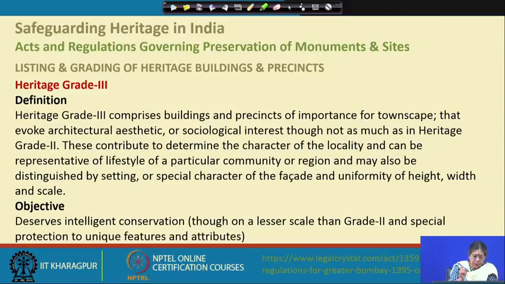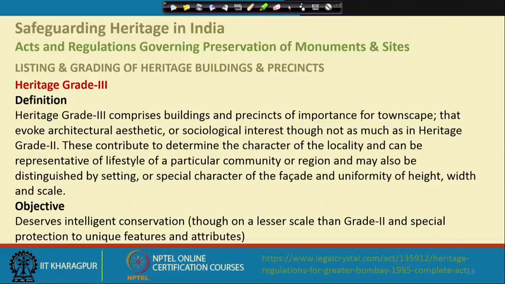That means if there are certain areas with special features, maybe a roof line, maybe color, maybe the facade treatment, maybe the setback, there may be various attributes which contribute to the spatial significance. So, that has to be preserved, and these are the cases where addition and alteration can definitely be done inside, with adaptive reuse, and these are the 3 types of grades.